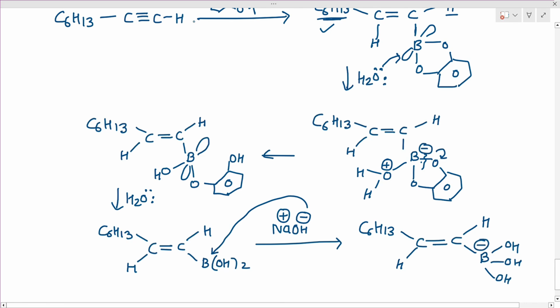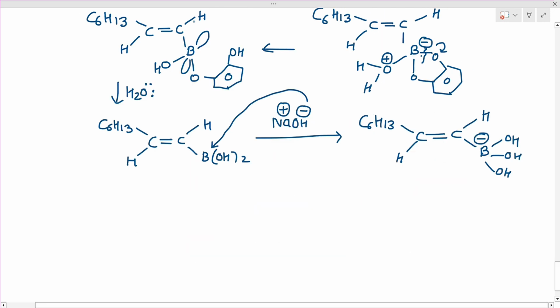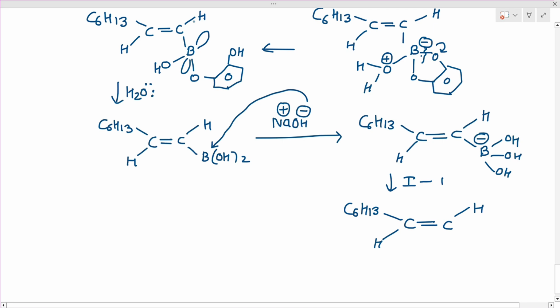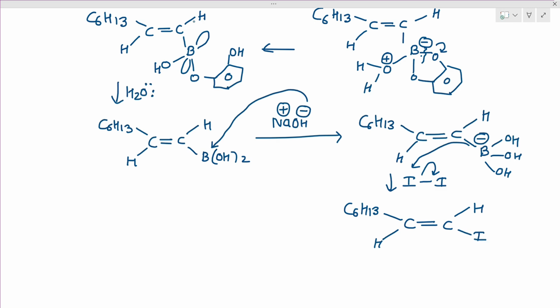Now this bond will break up. You are getting C6H13, C double bond C, H, H, and here this is breaking in the presence of I. So this bond is moving like this, this is attacking here, and you are getting I here. So you are getting this type of product.